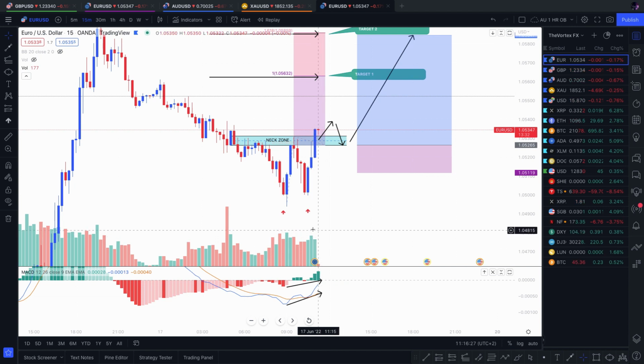But there's something with volume that is always very important for me. I like to see the retracement volume be a lot lower than the impulsive breakout volume. So, for example, this is our impulsive breakout volume right here.